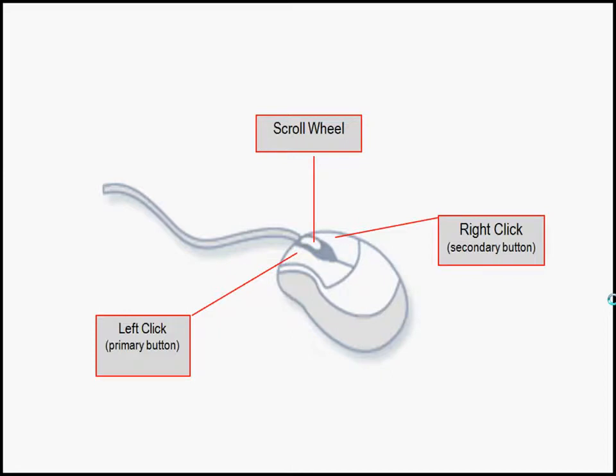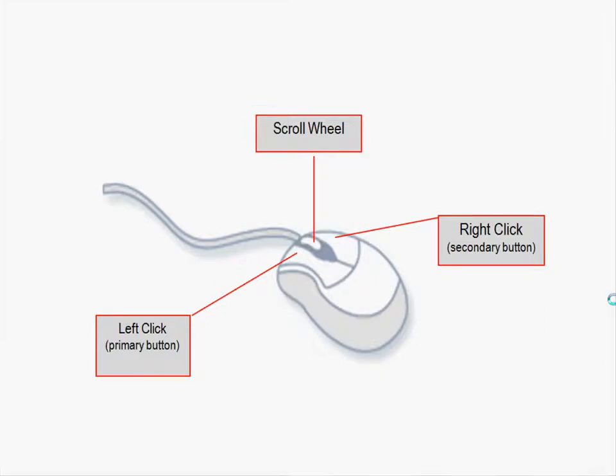These are usually large areas, not small buttons, on the mouse. Many mice in the middle also have something called a scroll wheel, which you can experiment with later. But mostly, the thing you'll do with the mouse is move it around on the table or on a mouse pad and press that button on the left, the left click.